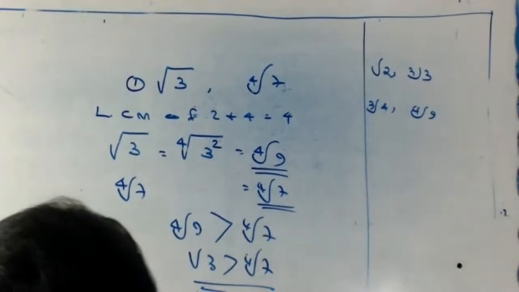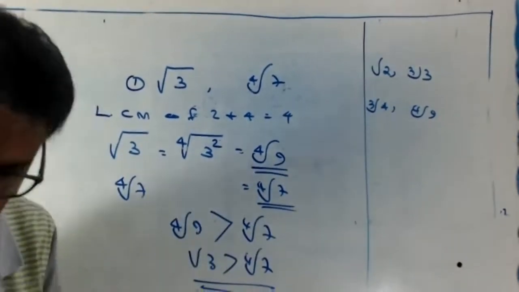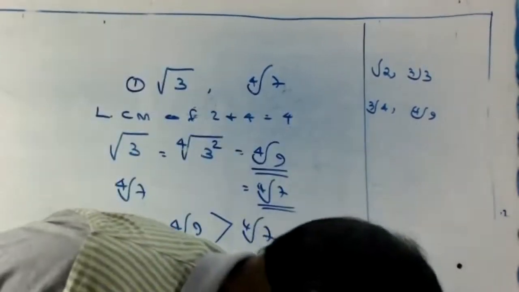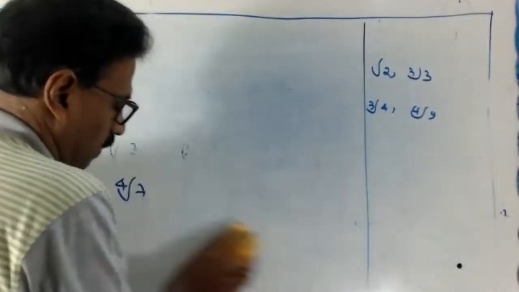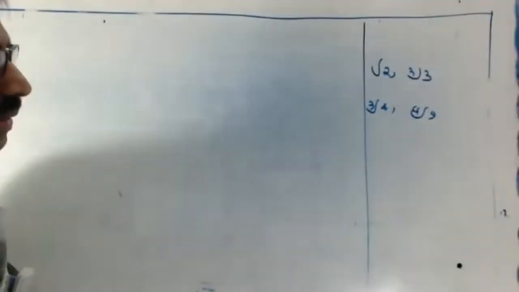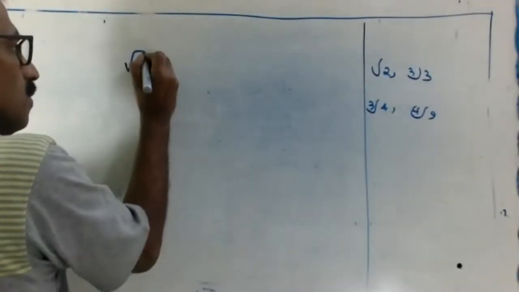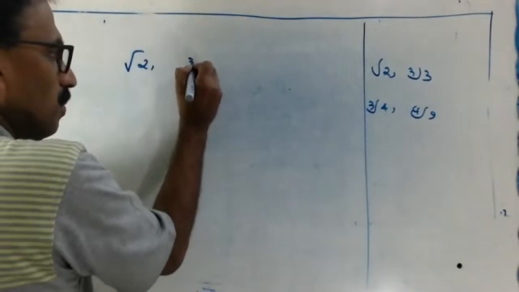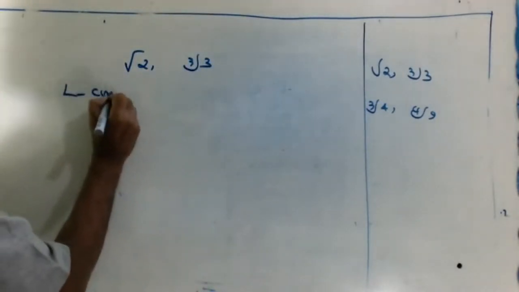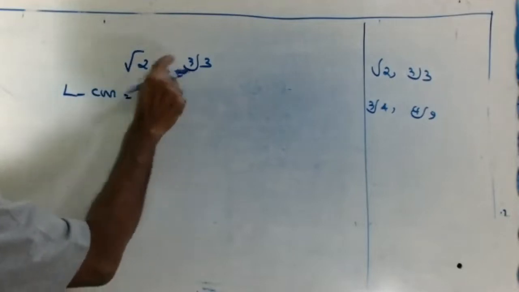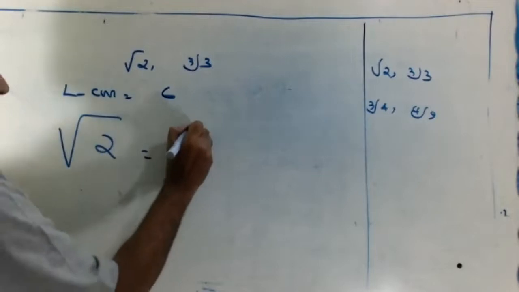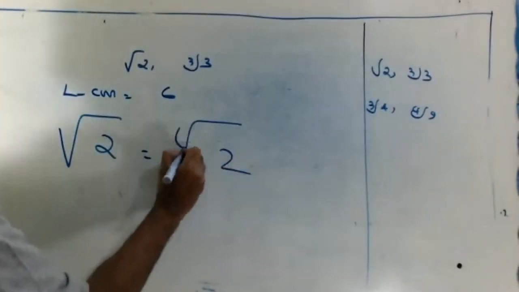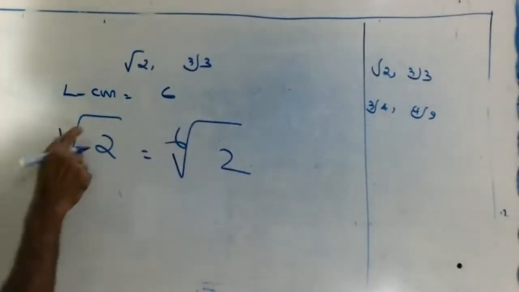So second question now. Look at here. Second also I'll show you. Because it is a new topic for you. Root of 2 comma cube root of 3. LCM is 6. 2 here, 3 here, 6. Root of 2 equals, just write 2 here, 6 here. 6 divided by 2 is 3.